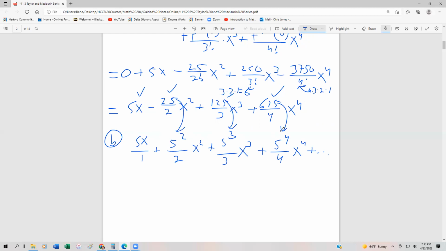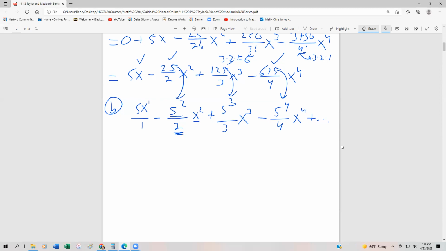125 is 5 cubed. 25 is 5 squared. All right. And I want you to notice that each of the powers of x and the power of 5 are congruent to one another, but also take a look at the denominator. Okay, so if this were like an n, and you could think of 5x as 5x to the 1st, and then obviously I've made some copy errors on the signs. So this should be a negative, and this should be a negative, and this should be a negative. So sorry about that. What we can do is we could just go ahead and write this into a series form.